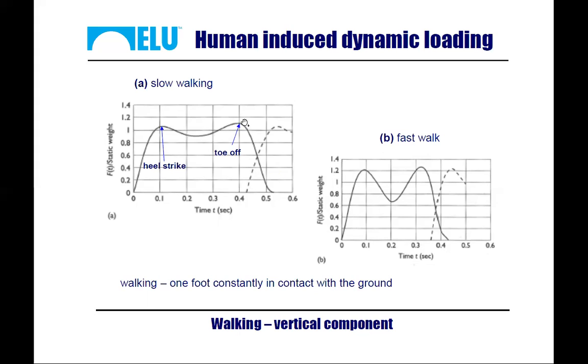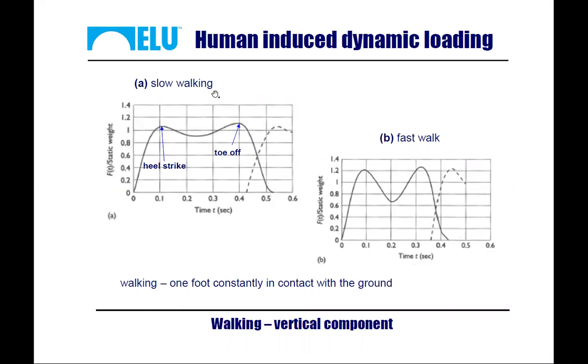And again, you will see this dynamic effect, which will give you a dynamic force amplitude which is higher than the static weight. So heel strike, toe off, rolling on your foot in between. This is the way in which the force varies under our feet when we are walking.